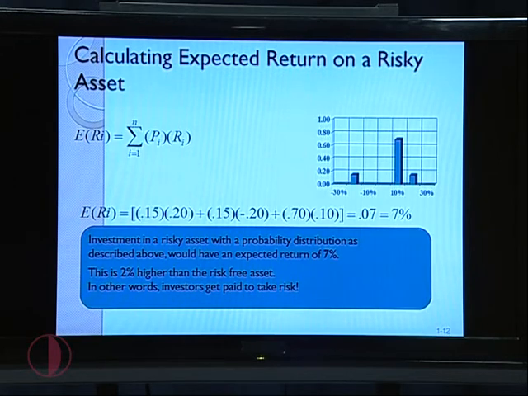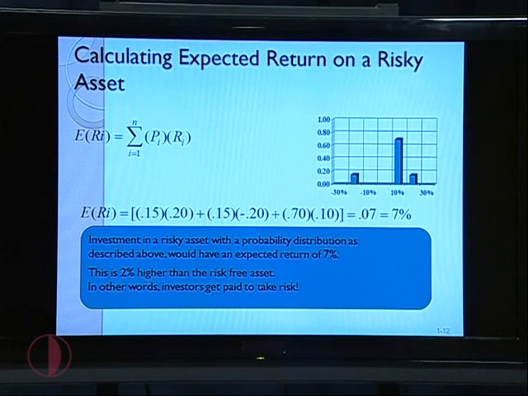Now, when we need to calculate the expected rate of return on a risky asset, we calculate expected return multiplied by probabilities. If the investment in risky assets with the probability distribution described above would have an expected return of 7%, this is higher than the risk-free assets.